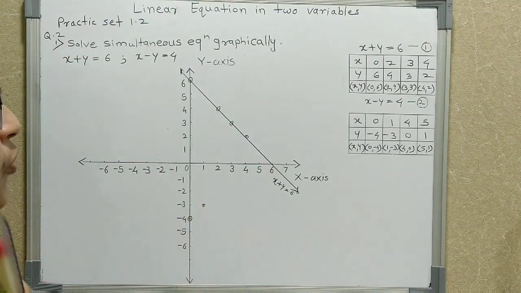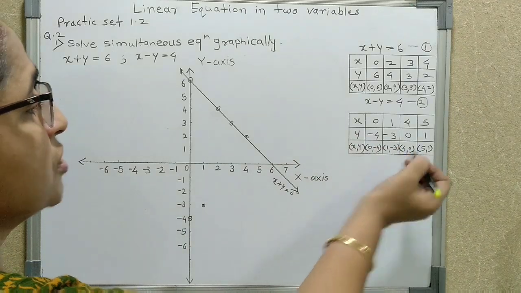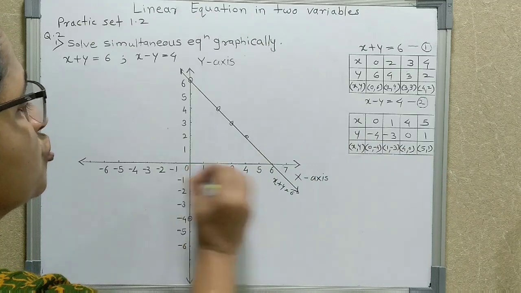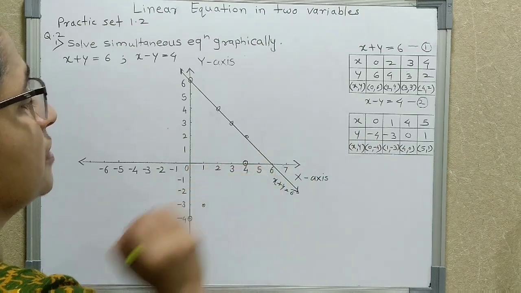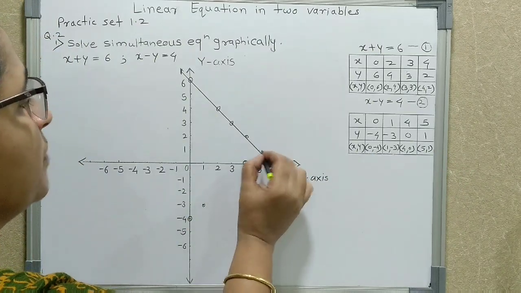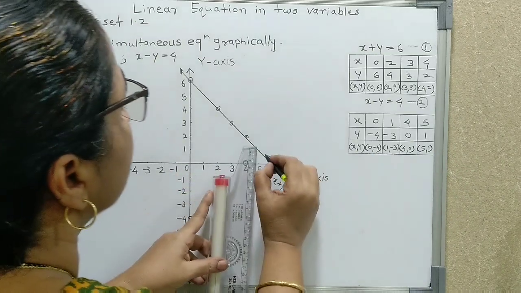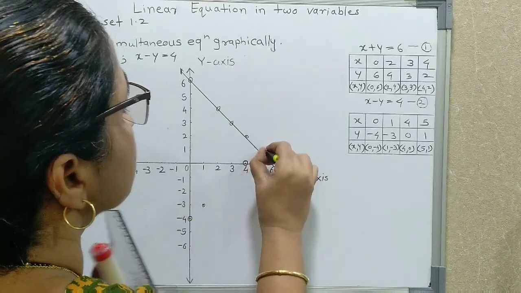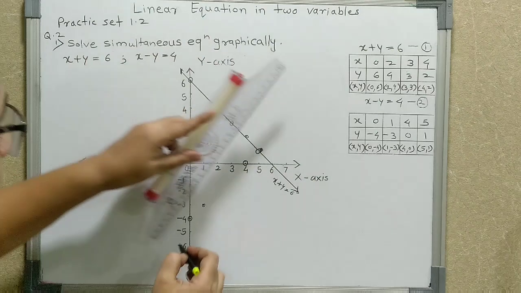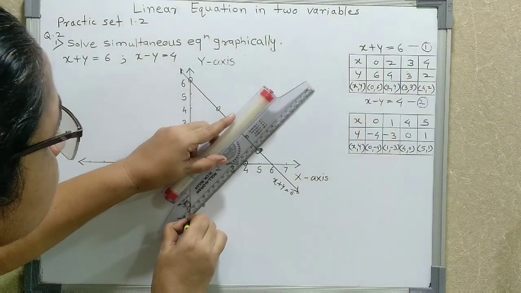Now the third point is (4, 0). 4 on the x-axis and y-axis 0. So we plot the next point here. And the last point (5, 1): 5 on the x-axis and 1 on the y-axis. This is the last point. Now we draw the line of this second equation.